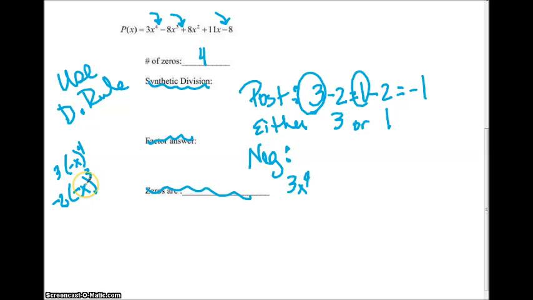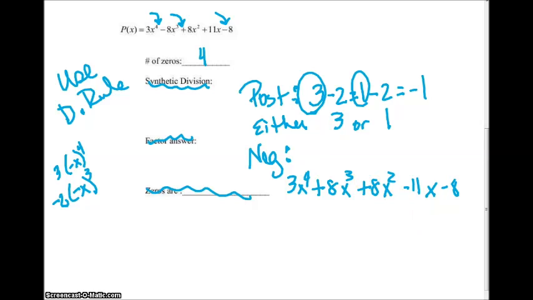Well, negative x to the 3rd is negative 1 times negative 1 times negative 1, which is a negative. So this right here changes. This becomes plus 8x to the 3rd. Even degrees are not going to change, so it stays plus 8x squared. It becomes minus 11x, and it stays minus 8.